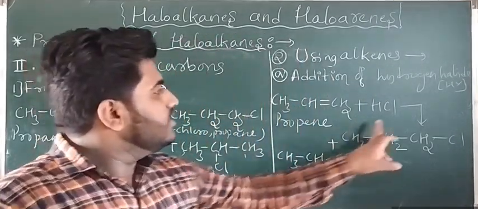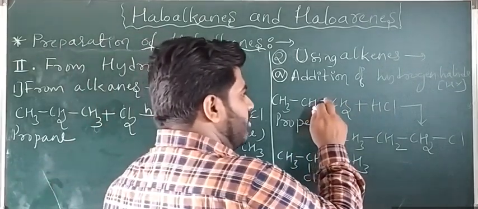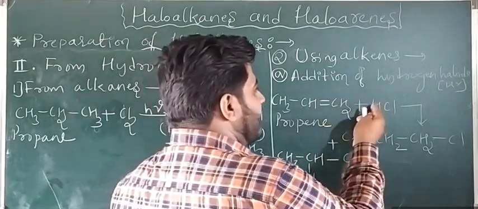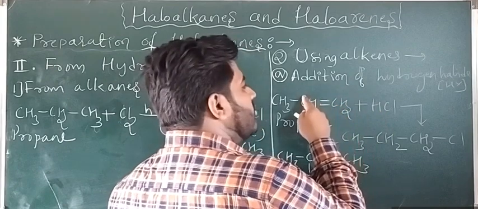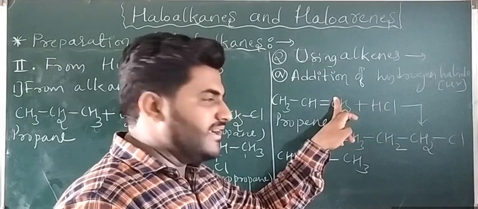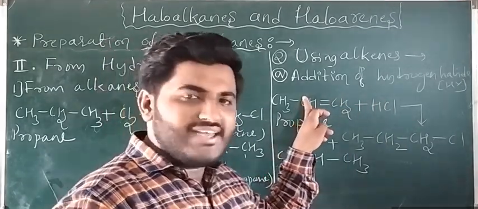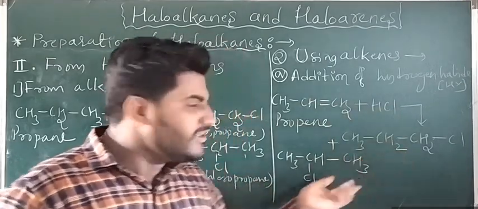So chlorine may be attached to this carbon. No doubt this double bond will break. If you add H here, it will take this electron, and Cl goes to the other carbon. That means Cl may be attached to this carbon or else to that carbon. Are you getting, guys? So depending upon that we get two products.